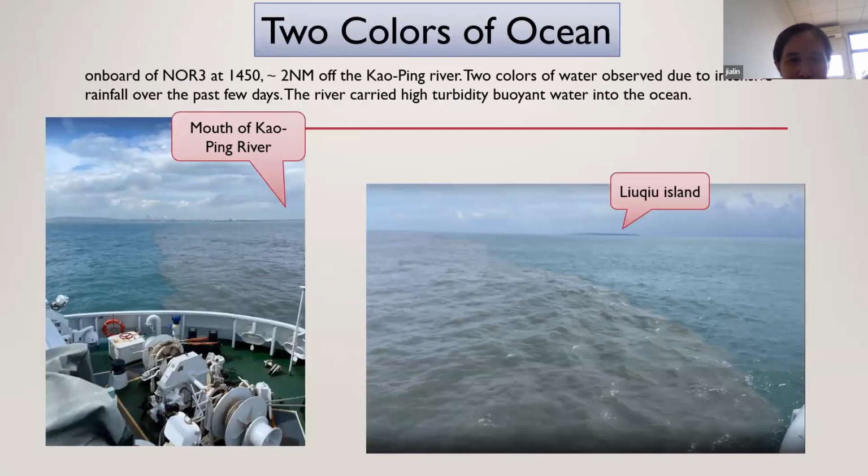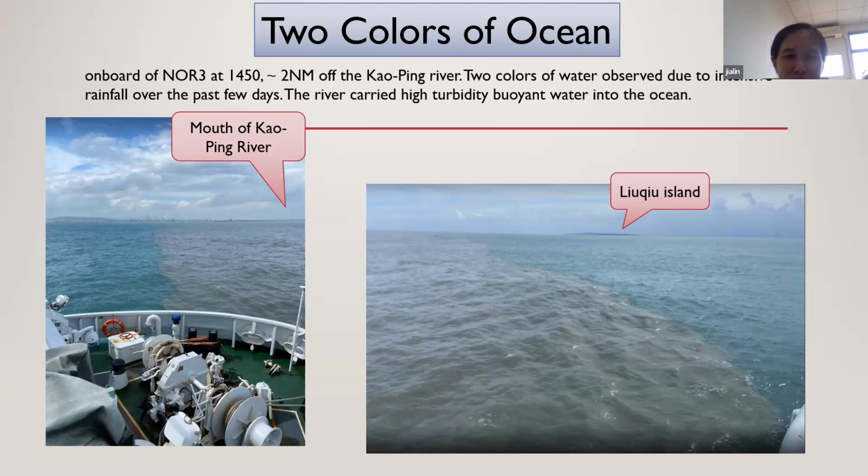The first thing I want to show is a picture. Maybe not everyone has a chance to go out in the ocean and see the two colors of the ocean, because it only happens after a high discharge of river water accompanied by a high sediment concentration after a typhoon. This year, this picture was provided by Professor Ma from the University of Washington.